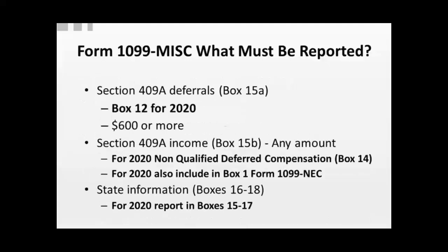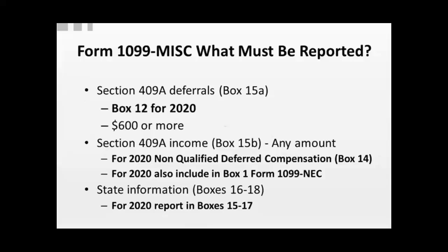I have an example. Box 15A was the 409A deferrals. It's been moved to Box 12 for 2020, $600 or more. Section 409A income, Box 15B of any amount, and that appears to be what is now called for 2020 non-qualified deferred compensation, which is reported in Box 14.